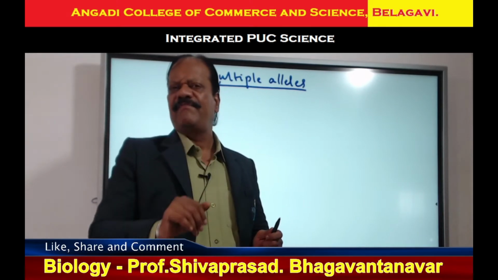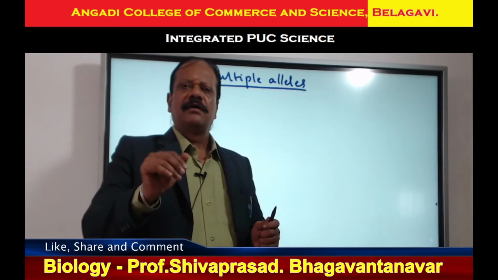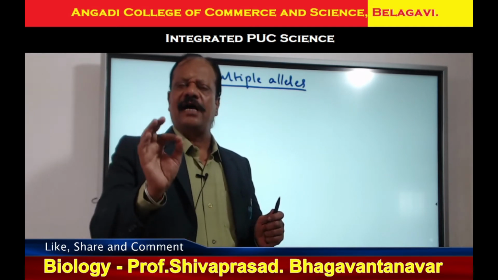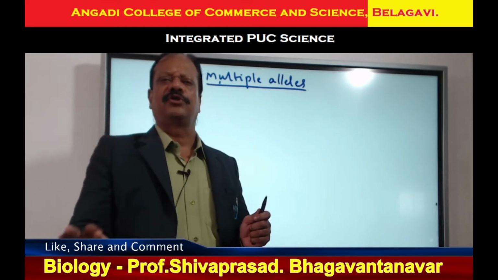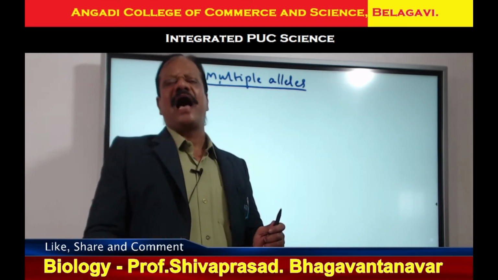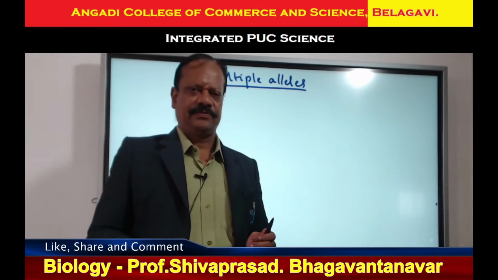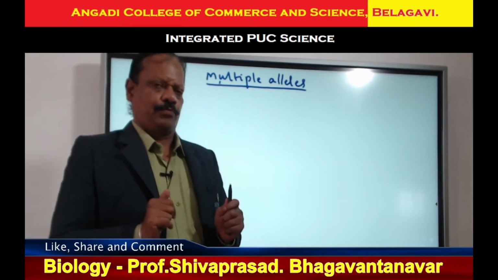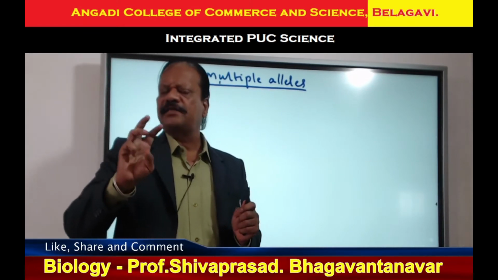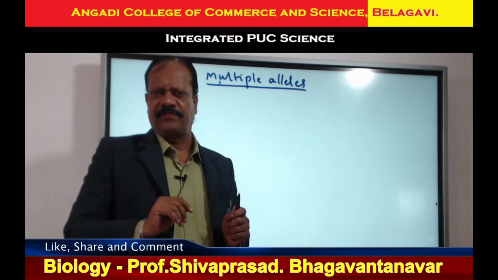Again I am defining: 3 or more than 3 alleles found on a particular locus of homologous chromosome, we are calling them multiple alleles. So when you are studying the human blood group, there are 3 blood groups you people are observing.